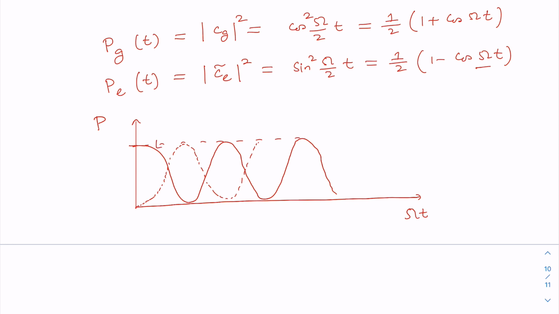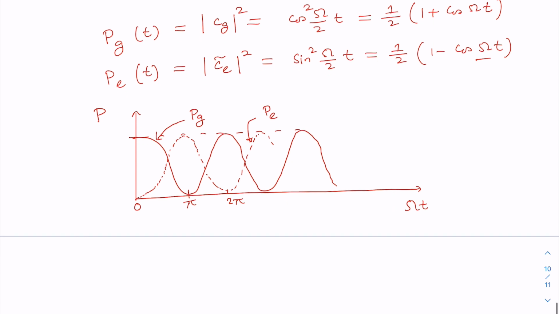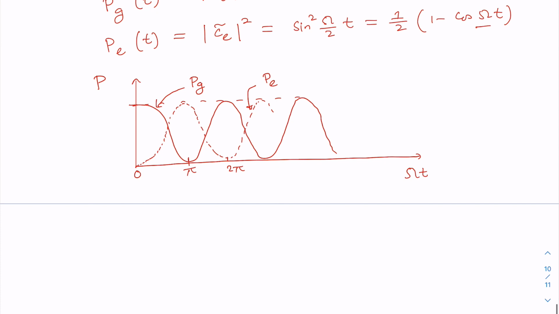So this bold solid curve represents the ground state probability Pg, and this dotted one corresponds to the excited state population. So here this is 0, this is pi, and this is 2 pi, and so on. The period of oscillation is 2 pi by Ω.